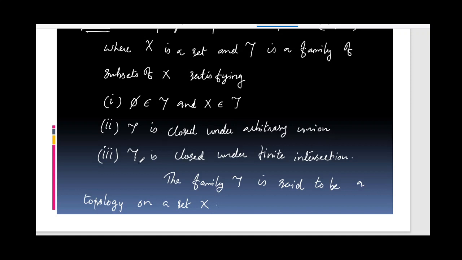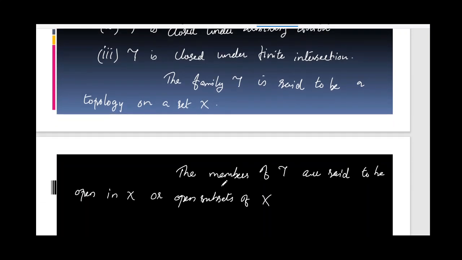Third, this family is closed under finite intersection. Don't confuse 2 and 3: it is arbitrary union, but finite intersection. Now the family T is said to be a topology on a set X, and the members of T are said to be open in X or open subsets of X.